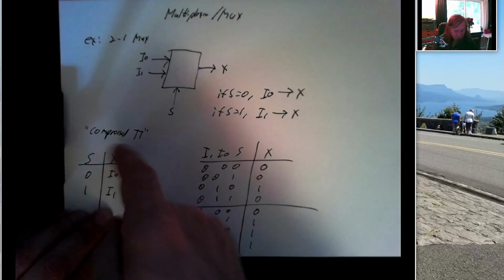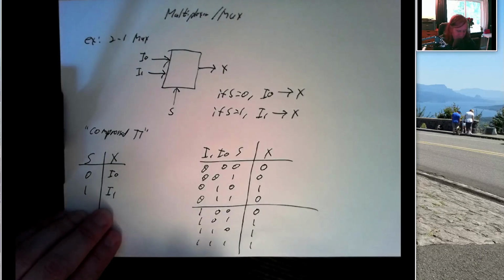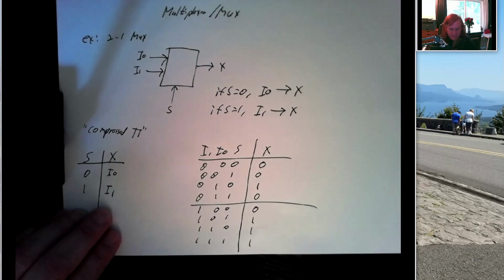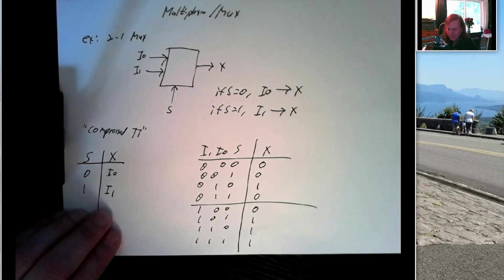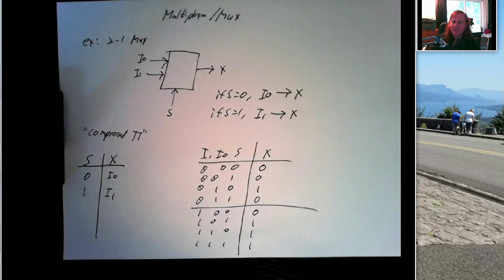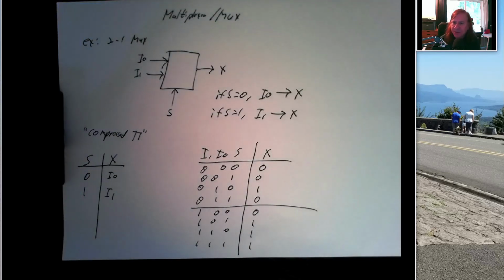If S is 1, X is equal to I1. If S is 0, X is equal to I0. So when we compress a truth table, we take some of the input variables and we move them to the output side of the truth table. So we'll see more examples of that in the next video. But this is a good first example.